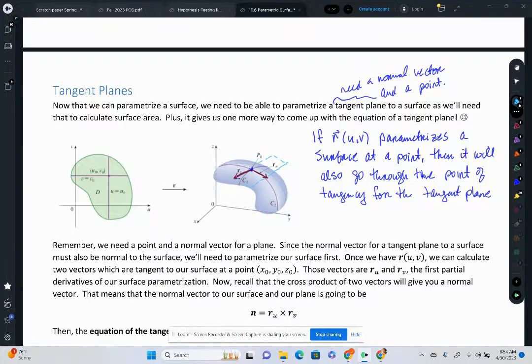So in a sense, we should be able to parametrize a surface and then find the first partial derivatives of that parametrization and know that those vectors that we find are actually parallel to a tangent plane. Then we can take the cross product of those and it would give us a normal vector.